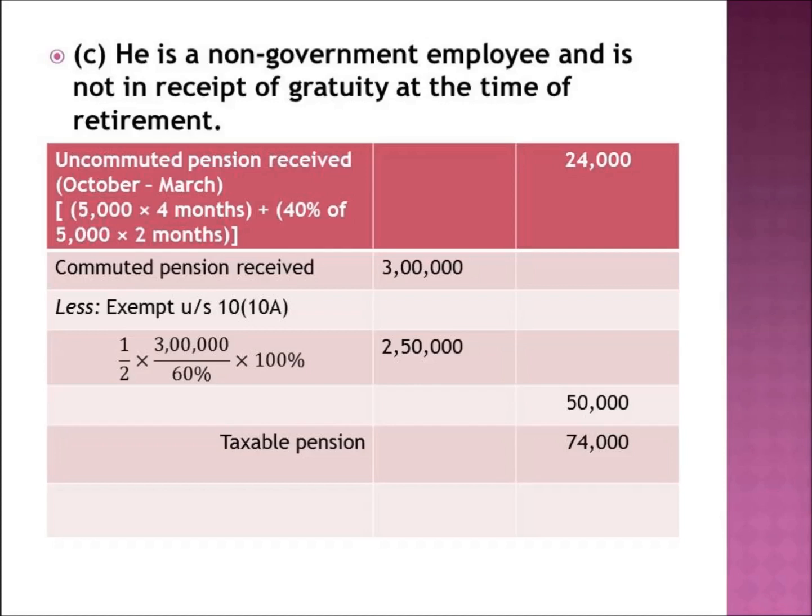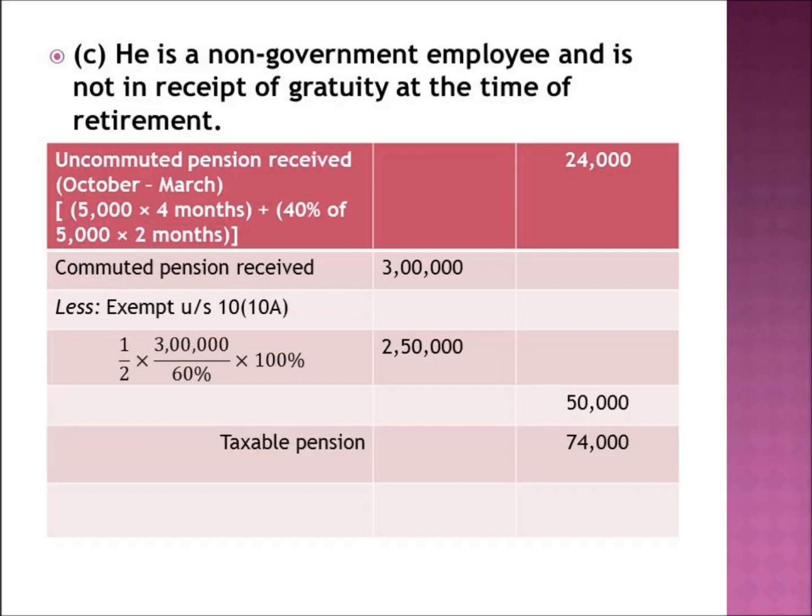So in the previous case, the exemption was 1 by 3rd of the full value of pension if he would have commuted 100% of his pension, and in this case the exemption is half, that is 1 by 2 of the full value of pension had he commuted 100% of his pension. So the exemption will be 1 by 2 into 3 lakh divided by 60%.